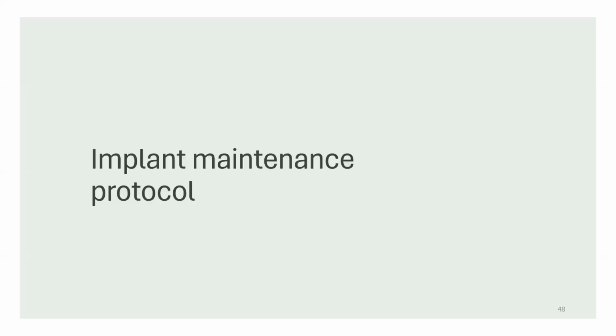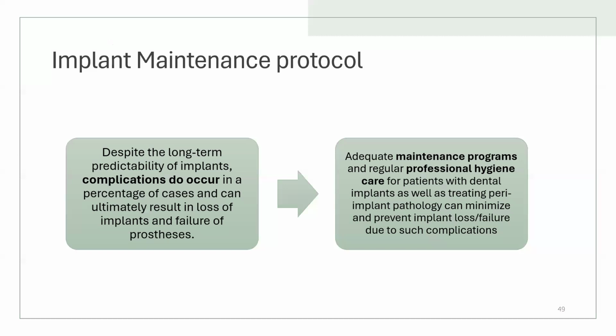Okay. Now we'll talk about the implant maintenance protocol. As we know, the key to successful implant therapy is a strict maintenance protocol and patients' compliance with oral hygiene instructions. Because despite the long-term predictability of implants, complications can still happen.